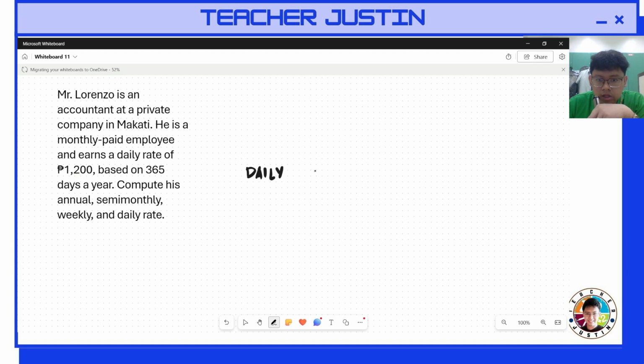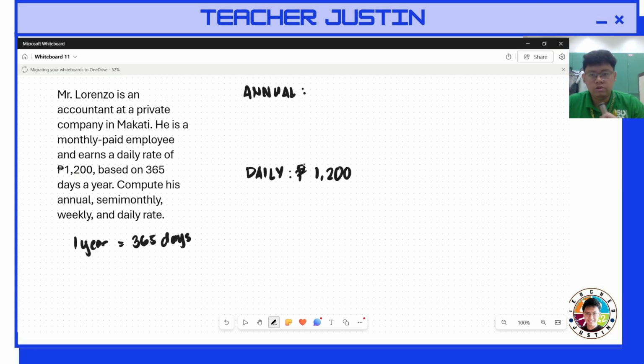That is equivalent to 1,200 pesos. After knowing this, we can now proceed to finding the annual. The annual salary of Mr. Lorenzo will be computed by knowing that in 1 year we have 365 days.